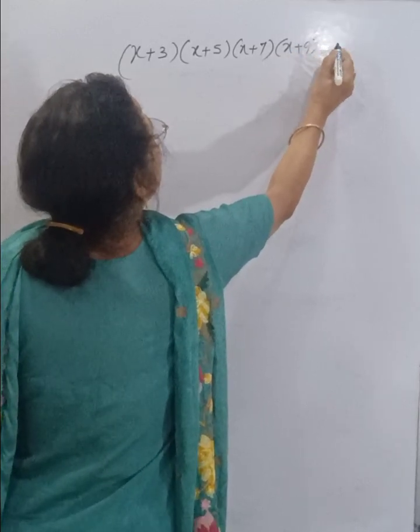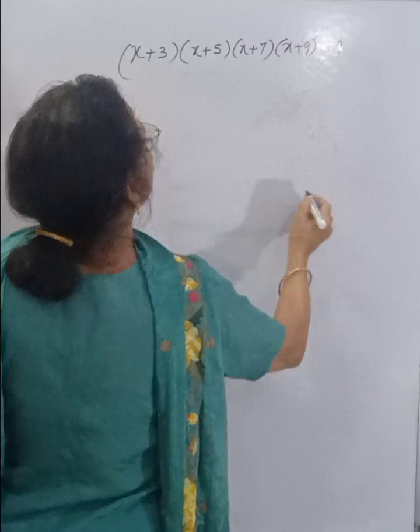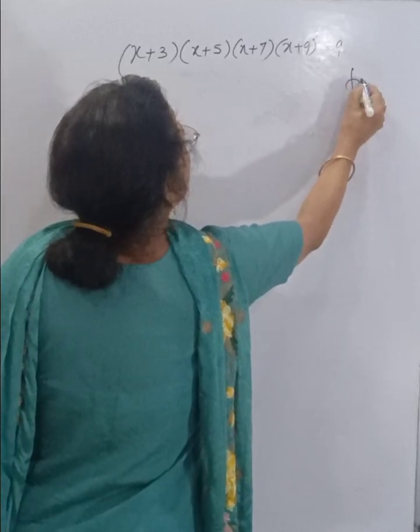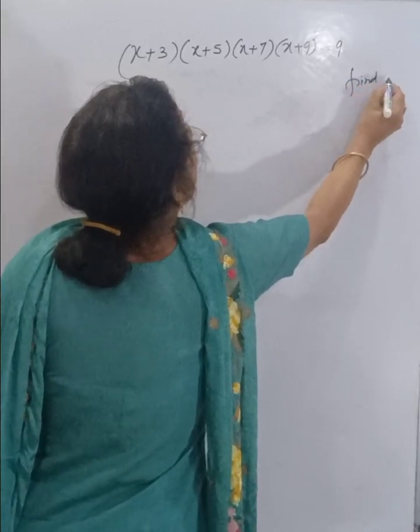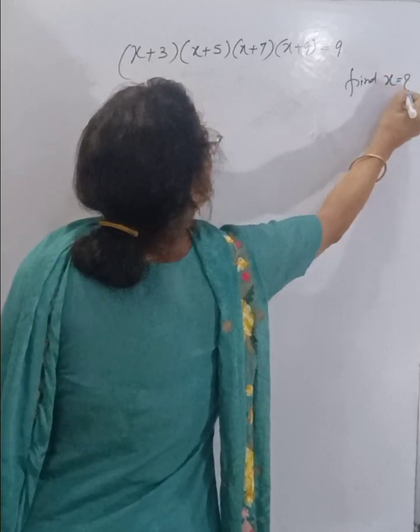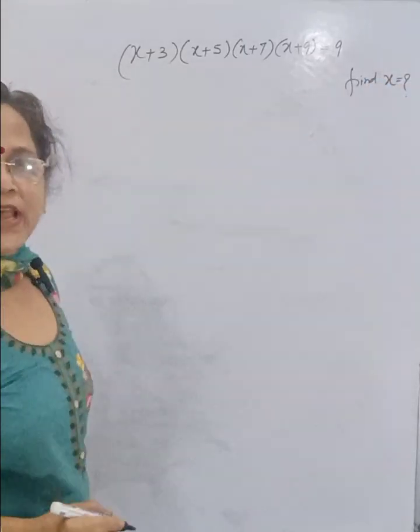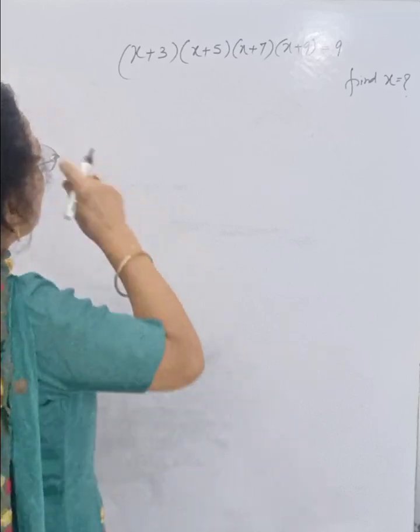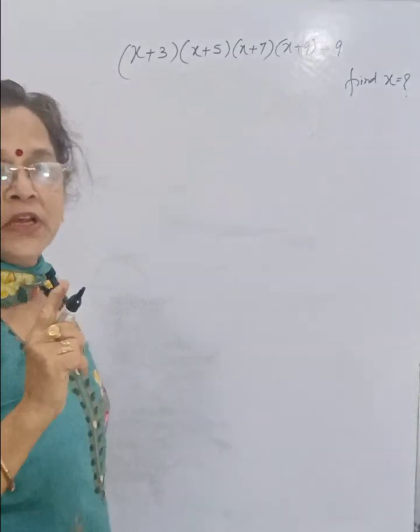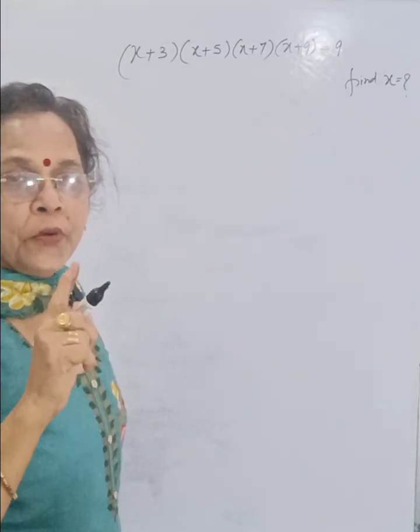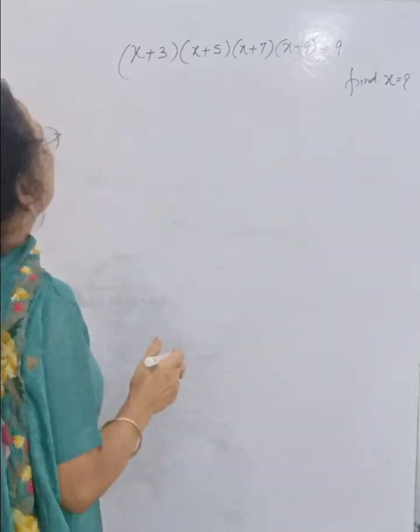If it is equal to 9, find x is equal to what? The value of x is to be obtained. In this equation, one trick is to be used.